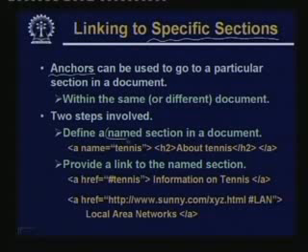So, first thing I have to do is that I have to specify some names to these 3 parts or portions of the document. Then in the hyperlink, I would be referring to the document with these names, so that automatically it can go there. Okay. So, the first step is to define a so called named section in a document. This can be done by using the anchor tag, by using an attribute called name.